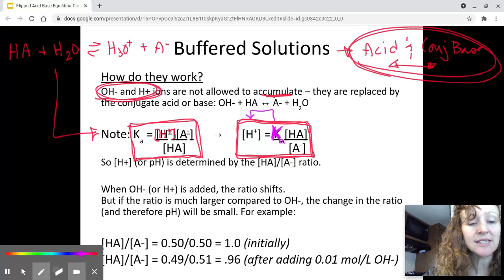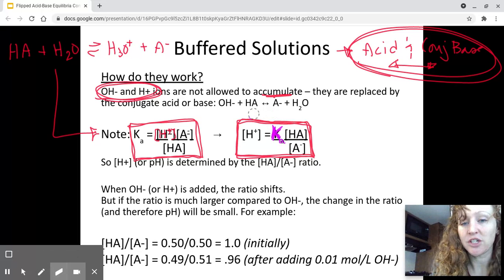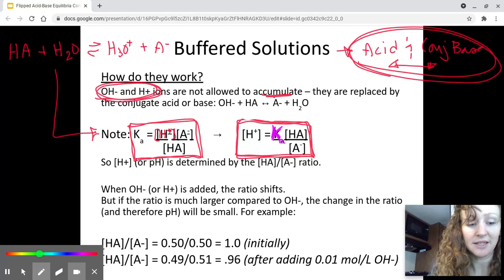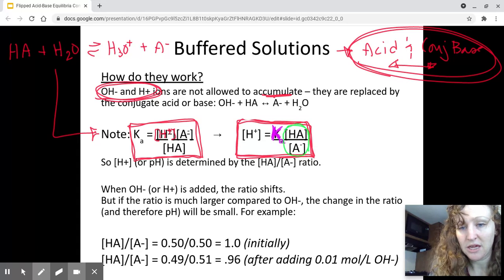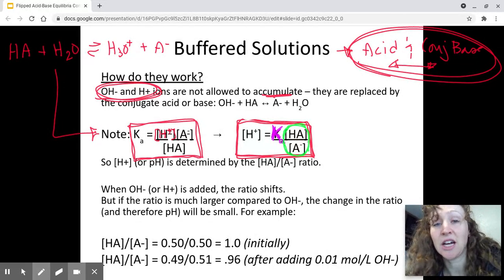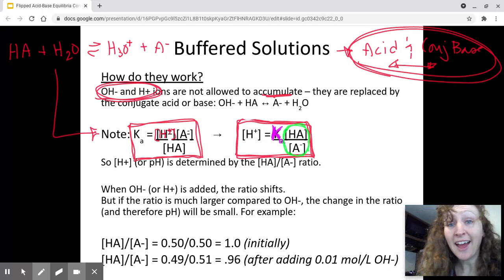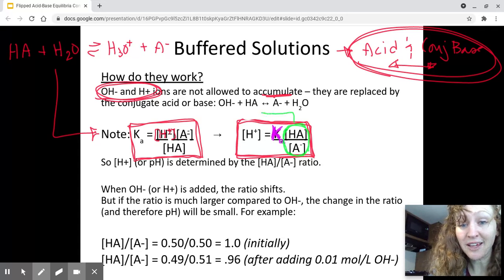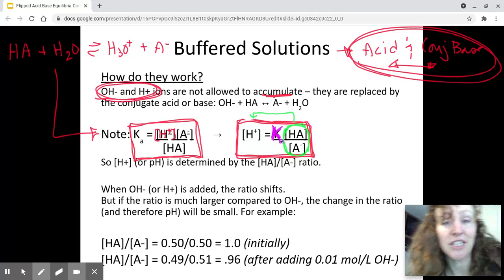We also see a second thing that hydrogen concentration is dependent on, and it's this ratio. Hydrogen concentration is dependent on the ratio of your acid and conjugate base that are present, or vice versa, your base and your conjugate acid that are present. That ratio affects your hydrogen concentration.